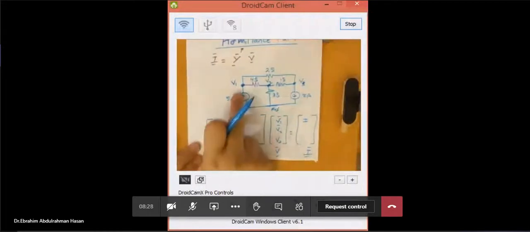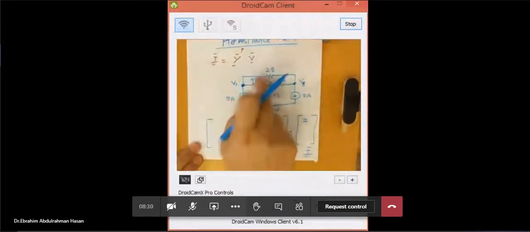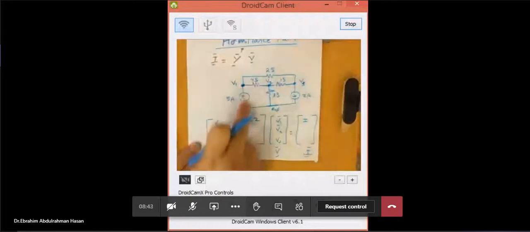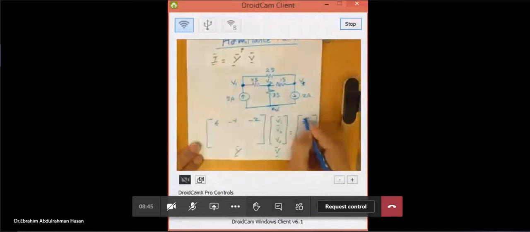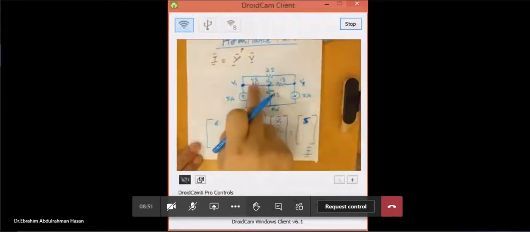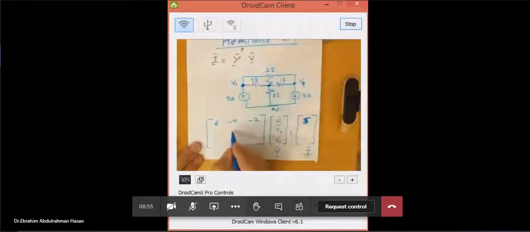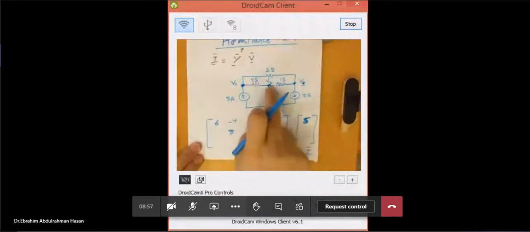So at node number 1, total admittance equal to 6 multiplied by V1, minus 4 multiplied by V2, minus 2 multiplied by V3, equal to the current entering, which is equal to 5. Node number 2, we have 4 plus 1 plus 3, okay, 8 multiplied by V2.